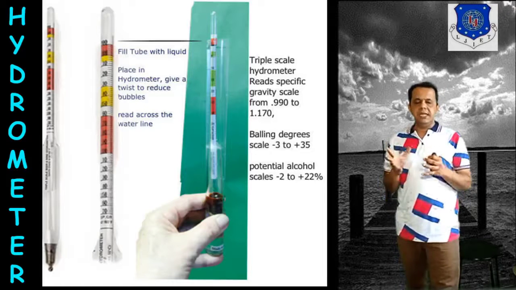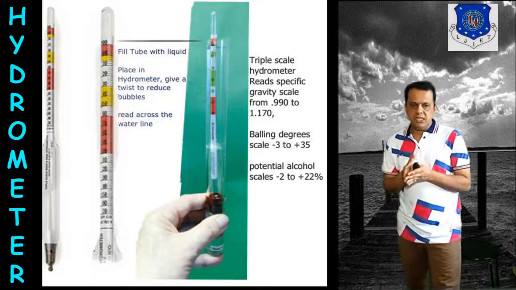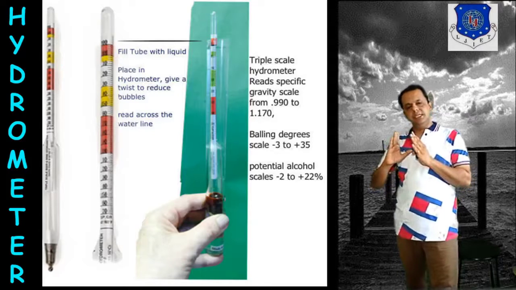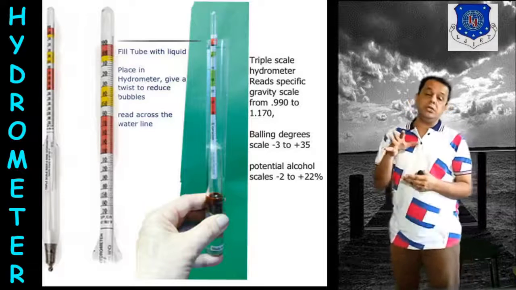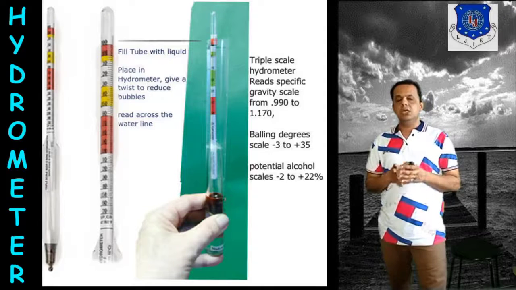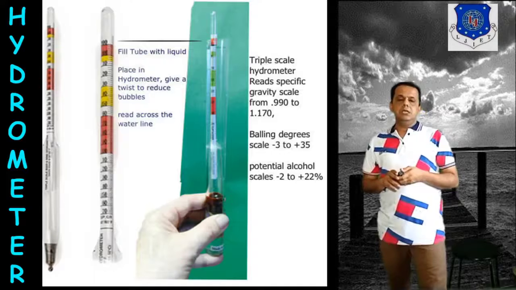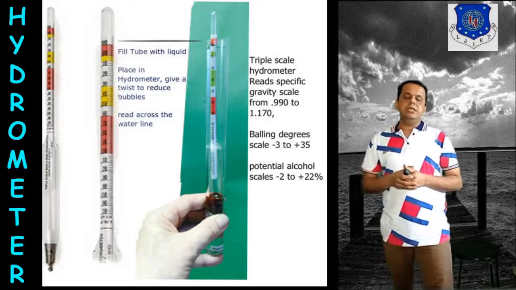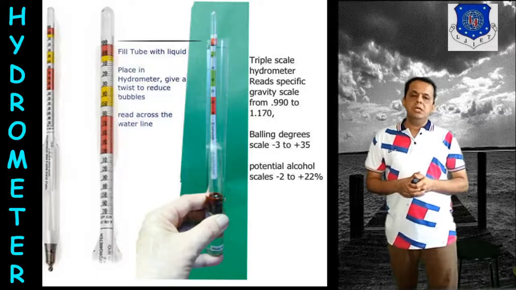It has a triple scale and will read specific gravity. It will also read the Belling degree. Here Belling degree means the content of the salt. Usually the Belling degree is utilized to check the content of sugar, and alcohol content can be detected in terms of say -2 to +22% here.